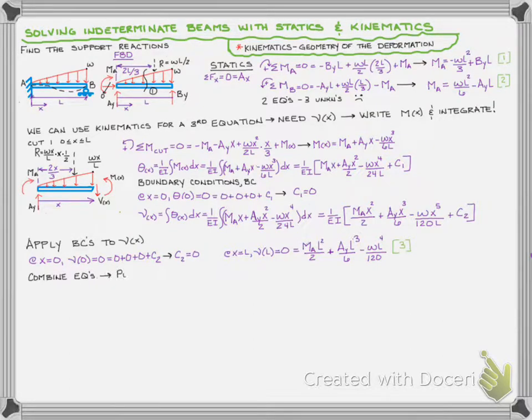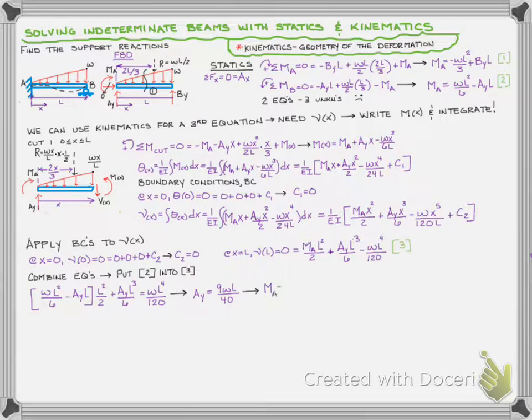Specifically, let's put equation 2 into equation 3. We'd have our WL squared over 6 minus A_y L, now multiplied by L squared over 2, plus our A_y L cubed over 6, minus WL to the fourth over 120, set equal to zero. Now A_y is our only unknown, so we get A_y is 9WL over 40.